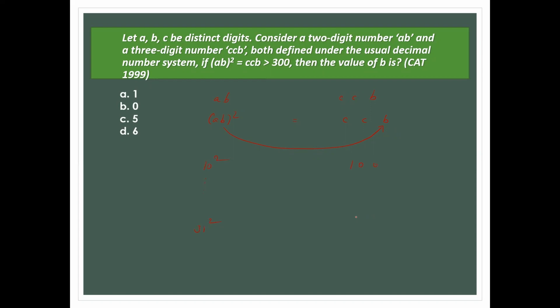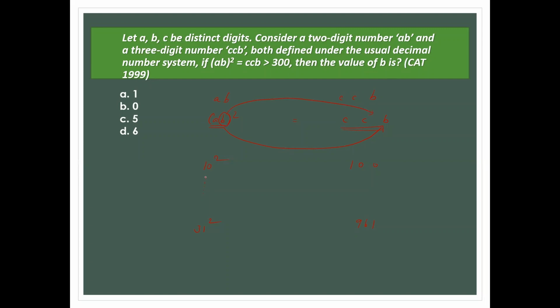Now let's have a look at what we can do. 31 square is 961. Let's write it out. Now what is the value of B? First of all, AB square is going to give you CCB. The first clue is that whatever is in the units place is coming here as it is. So when you square a number, the unit digit has to come out as it is.